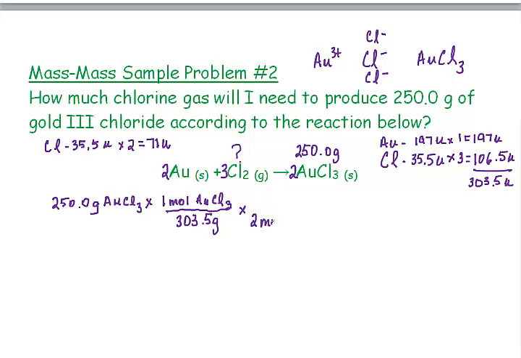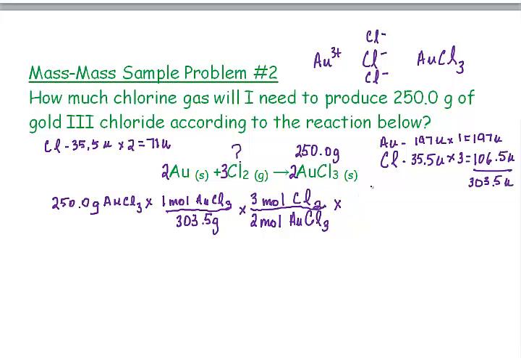There are 2 moles of gold 3 chloride for every 3 moles of chlorine. And you can see I've been able to move from moles of the starting substance, gold 3 chloride, to moles of chlorine, courtesy of that step. And again, remember, that's the only step where you get to use the equation's coefficients.